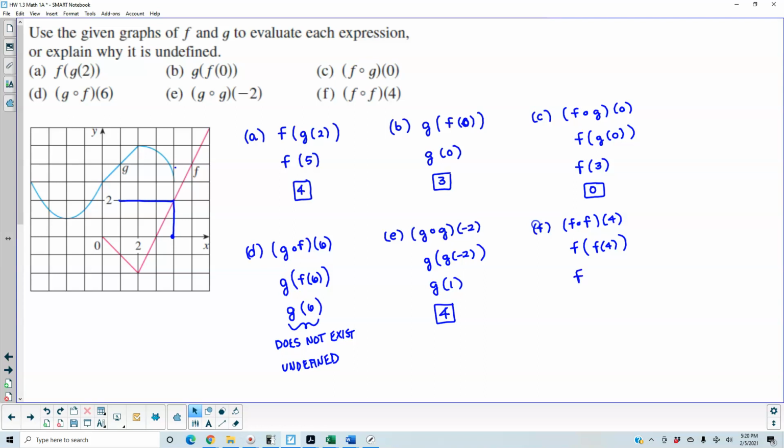So now we want to find f of 2. So when we find the input when it is 2, and we need to figure out what is the output on f, that means we got to go down to this part, and we can see that this is going to be -2. So the answer is -2.